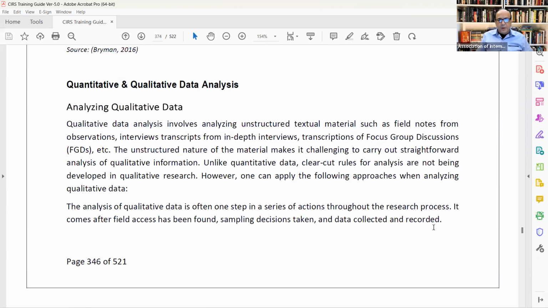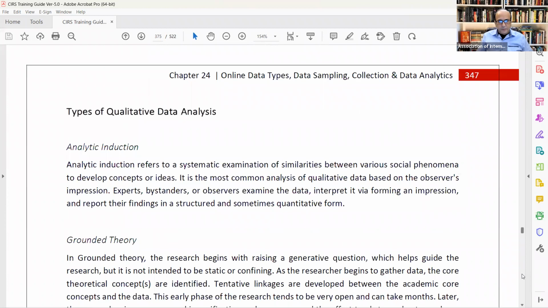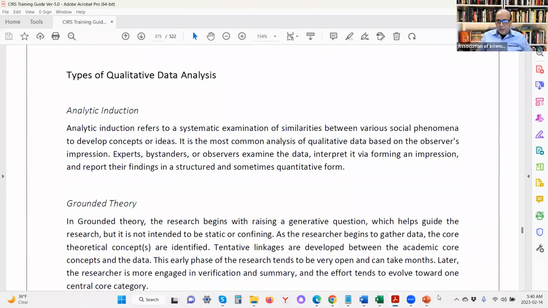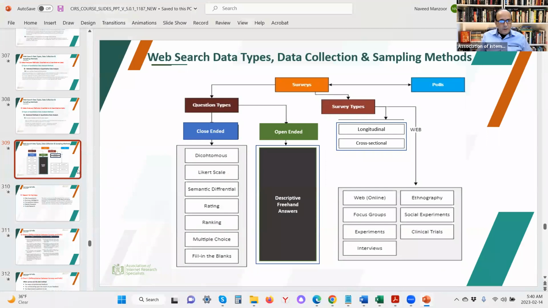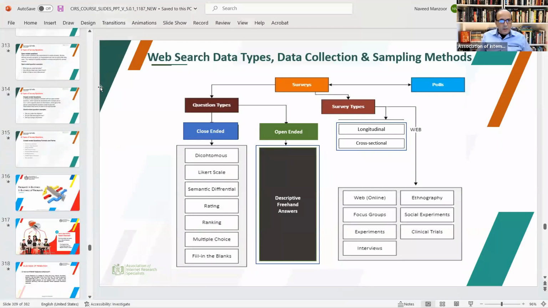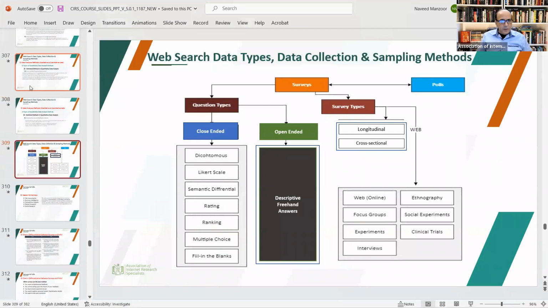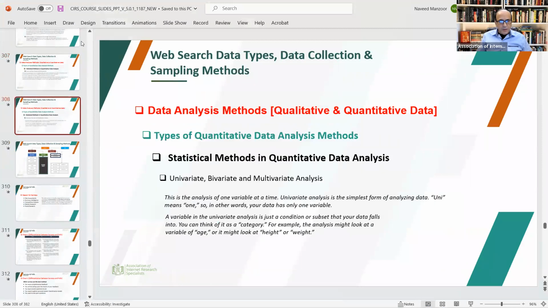But by the way, before we get to quantitative analysis, there are two things that I don't want to miss. Let me also cross check here in the slide if it is mentioned. If it is mentioned, we're going to talk about it.